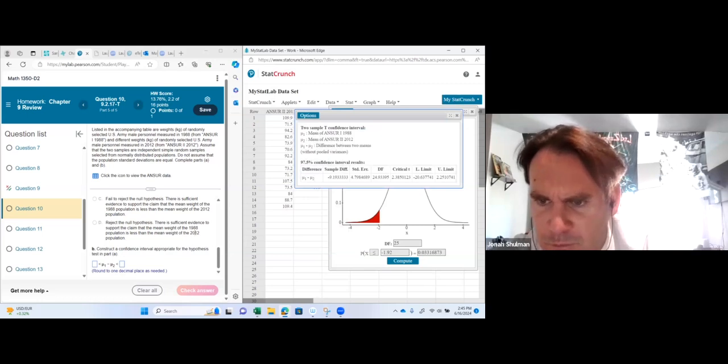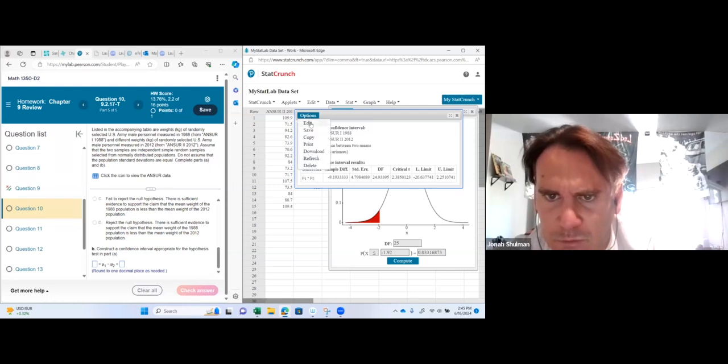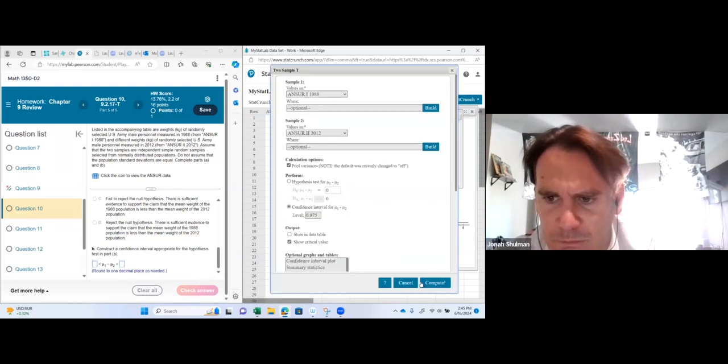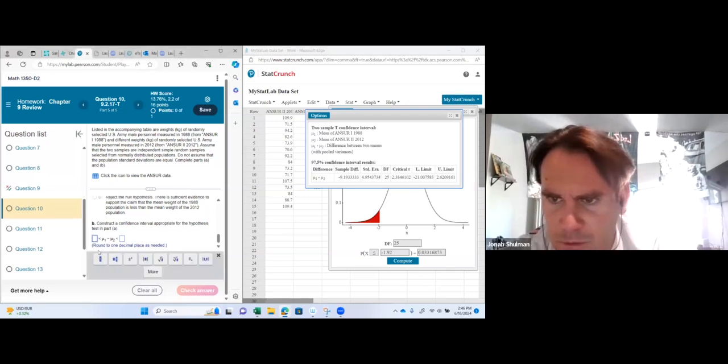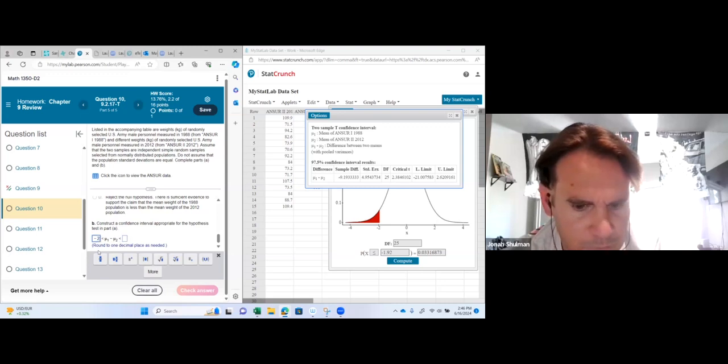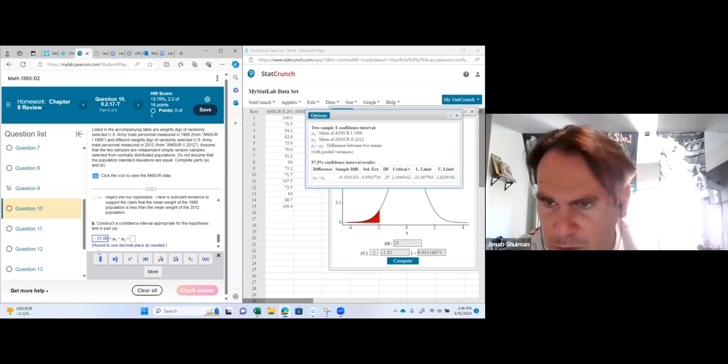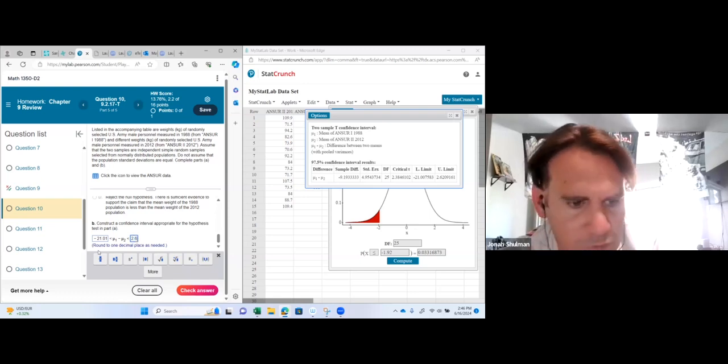All right, so our degrees of freedom is still about 25. I always want to pull the variance. Degrees of freedom is 25. Our lower limit, negative 0.01, and this is 2.62.